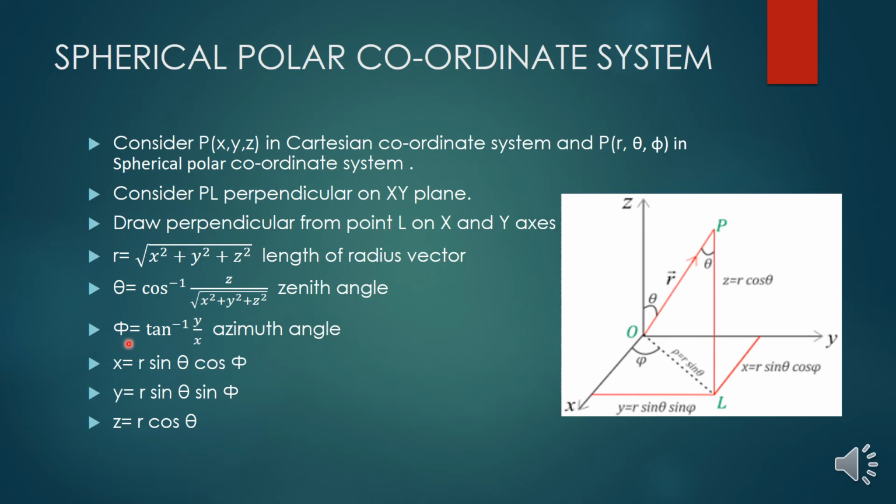For obtaining the phi coordinate, we have just taken the ratio y upon x, which is equal to tan phi. So phi is equal to tan inverse of y upon x. So these are the three relations, rather six relations, which show us the interconversion between the Cartesian and spherical polar coordinate systems and vice versa.